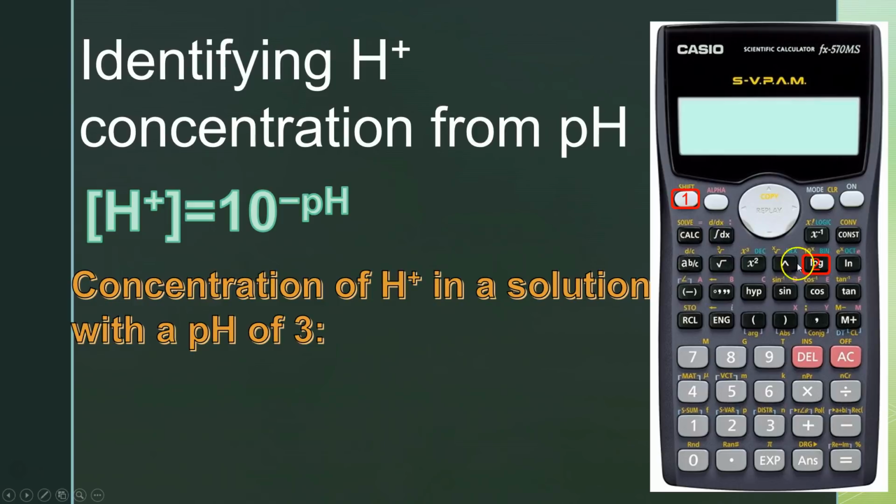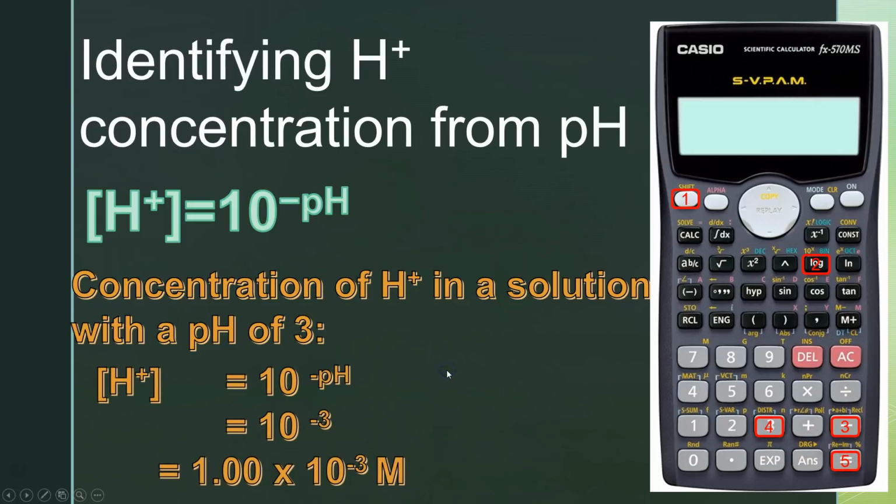Okay, shift log negative 3, because the pH is 3. You would get 1 times 10 to the power of negative 3 mole per liter. Okay, so a solution with a pH of 3 has 1 times 10 to the power of negative 3 mole per liter of hydrogen ions.